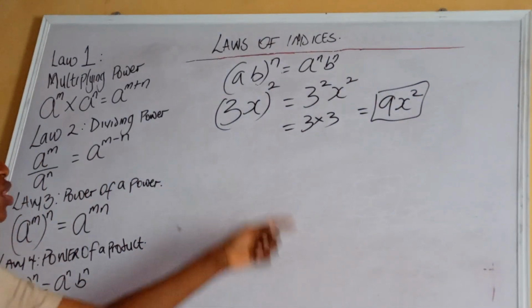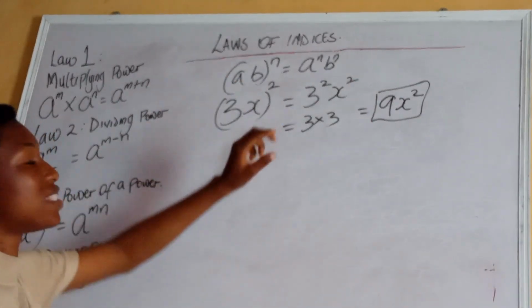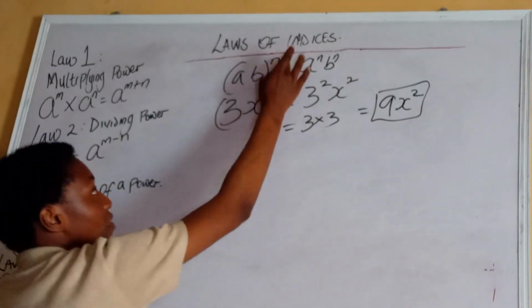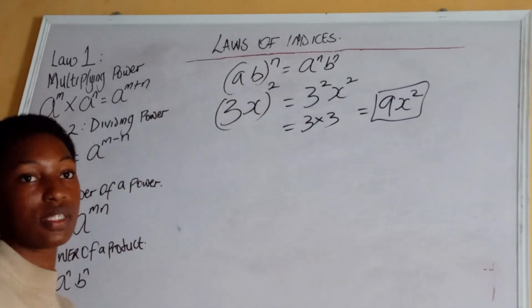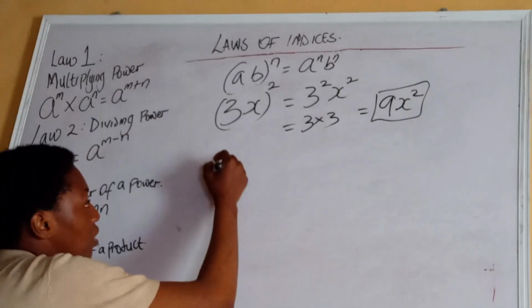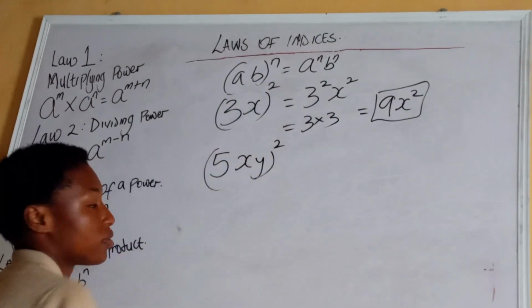So power of a product is just telling you that anytime you have more than one base, maybe 2 bases, they all have the same power. This power here is entitled to this and this. What if you have something like (5xy) all squared?